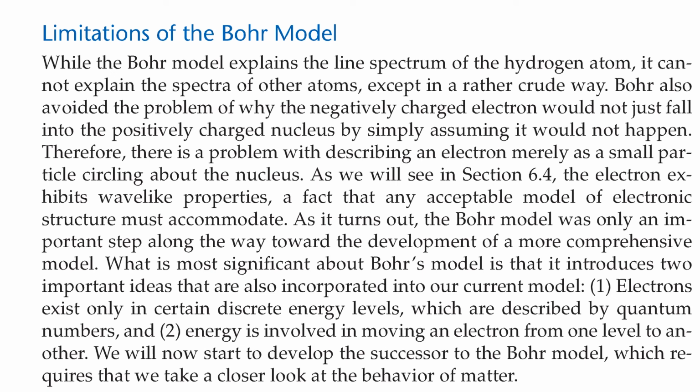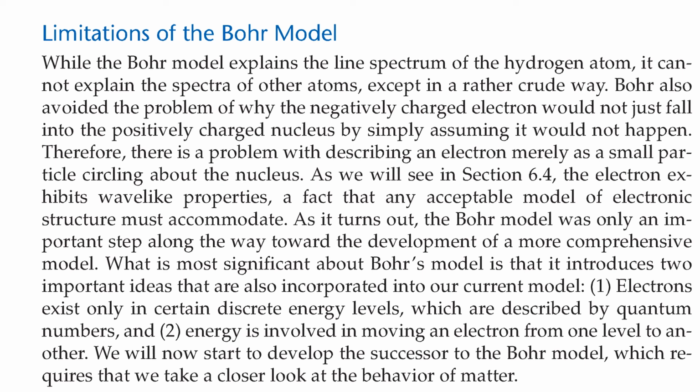Section 4. Limitations of the Bohr model. While the Bohr model explains the line spectrum of the hydrogen atom, it cannot explain the spectra of other atoms, except in a rather crude way. Bohr also avoided the problem of why the negatively charged electron would not just fall into the positively charged nucleus by simply assuming that it would not happen.